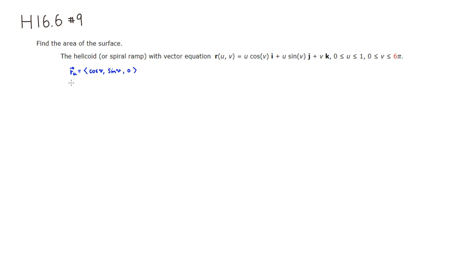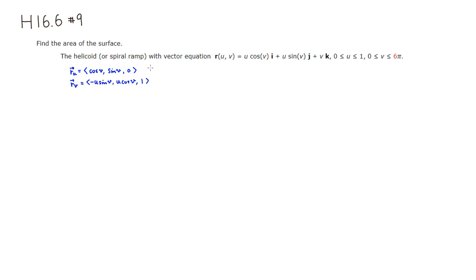Then the partial of r with respect to v: u is a constant, the derivative of cosine is negative sine, so negative u sine of v, and then u cosine of v, and the derivative of v with respect to v would be 1.